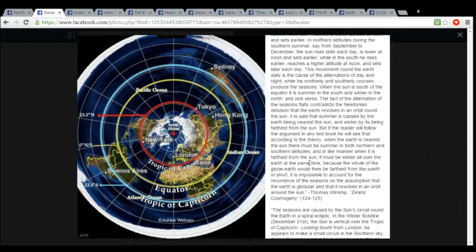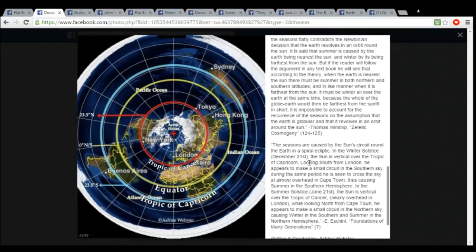In like manner, when it's furthest from the sun, it must be winter in both latitudes at the same time, because the whole globe would then be farthest from the sun. In short, it is impossible to account for the recurrence of the seasons on the assumption that the Earth is globular and revolves in an orbit around a sun. Thomas Winship, Zetetic Cosmogeny, 124 to 125.